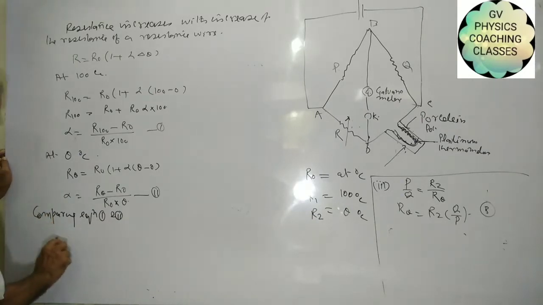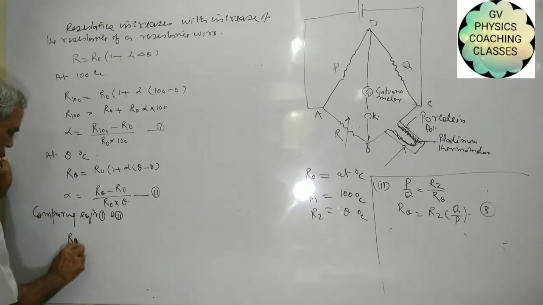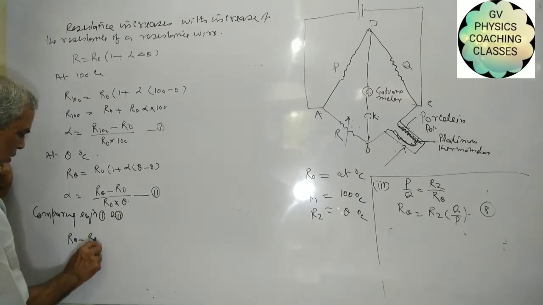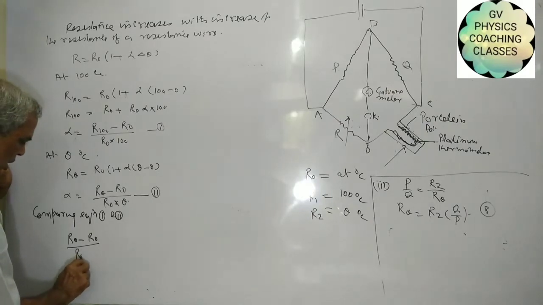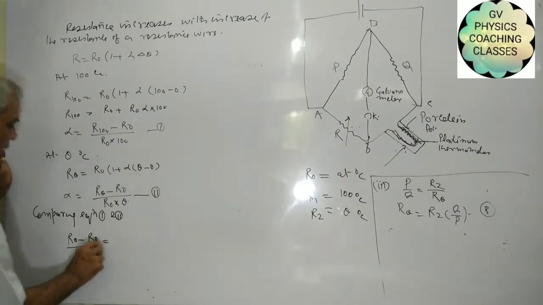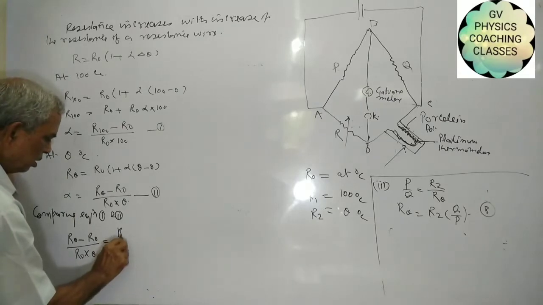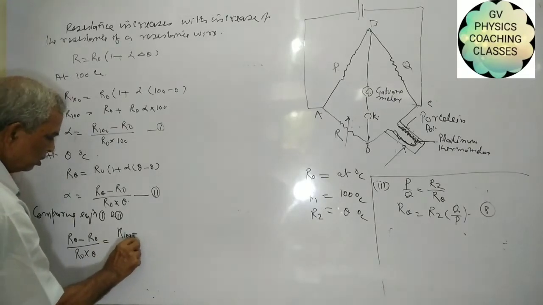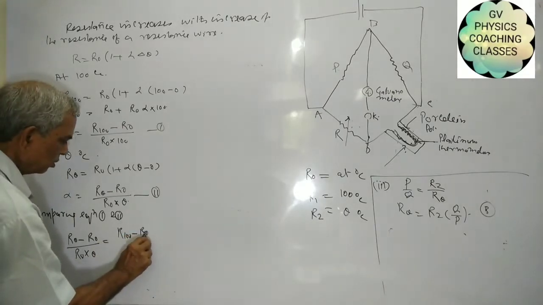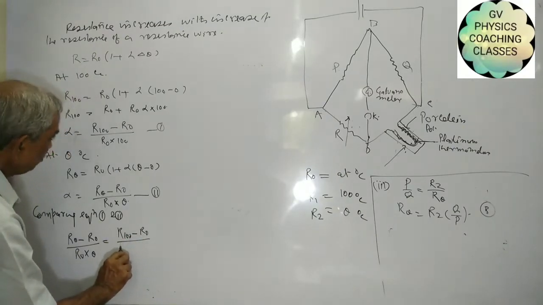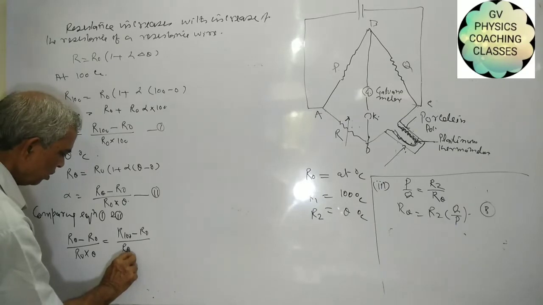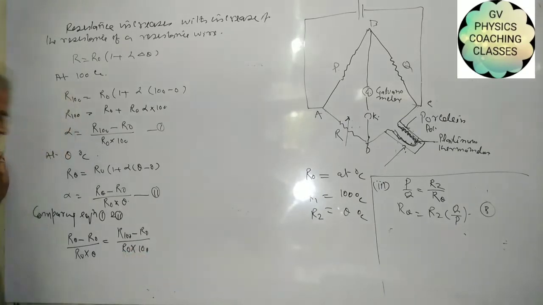Then R theta minus R naught upon R naught into theta equals R100 minus R naught upon R naught into 100.